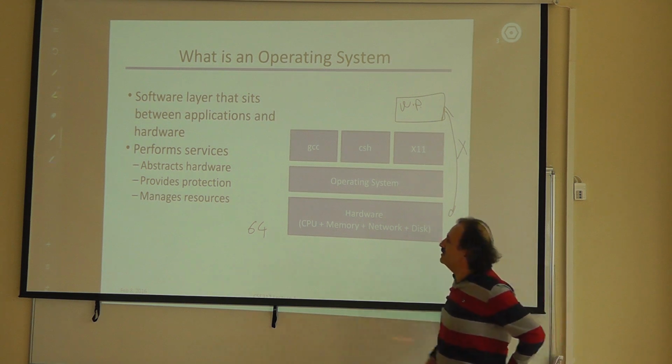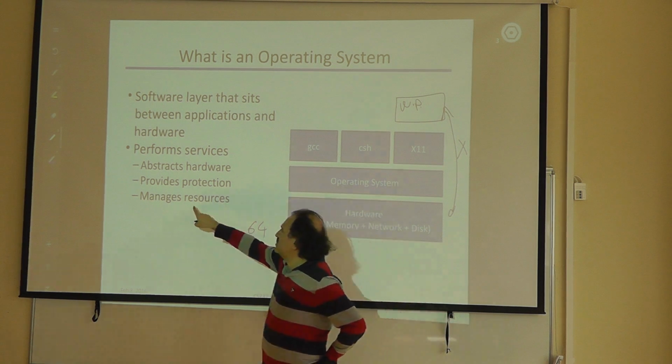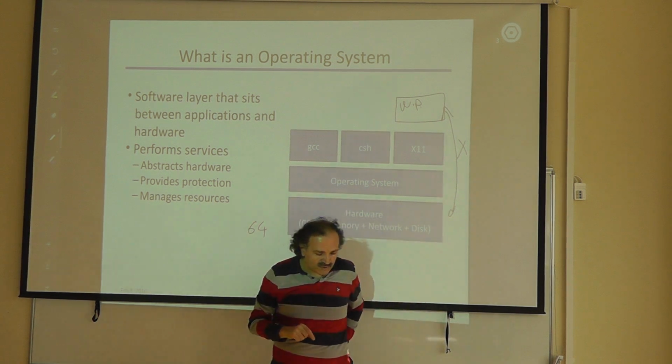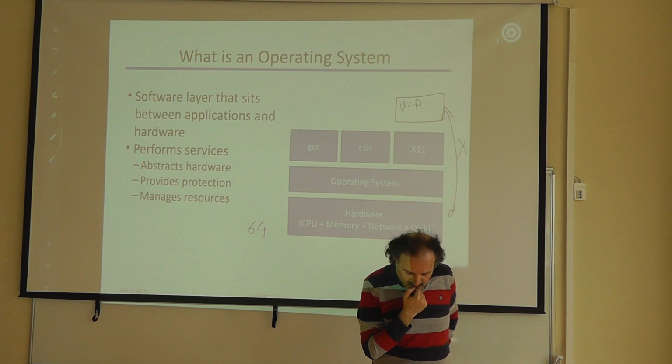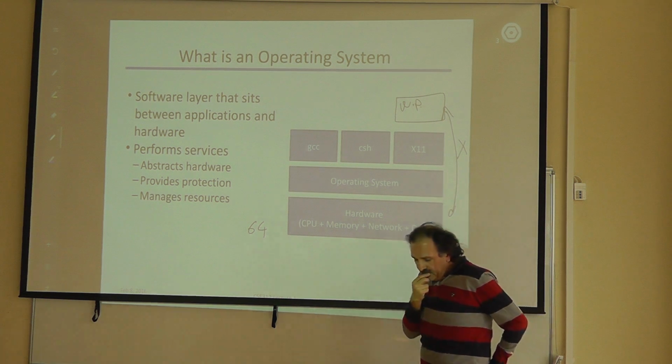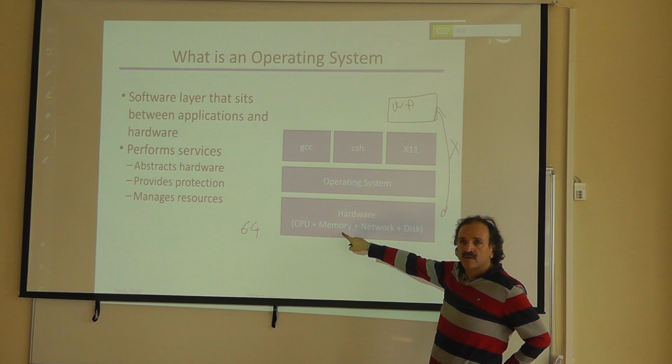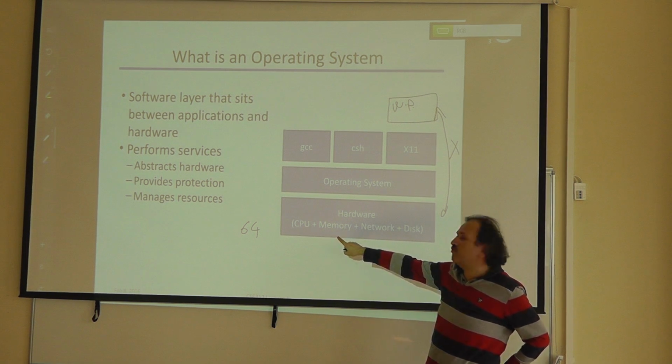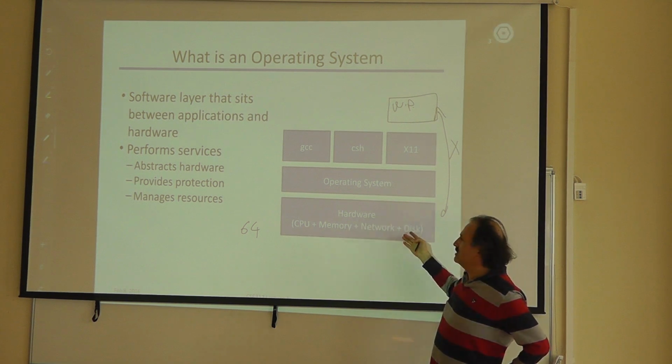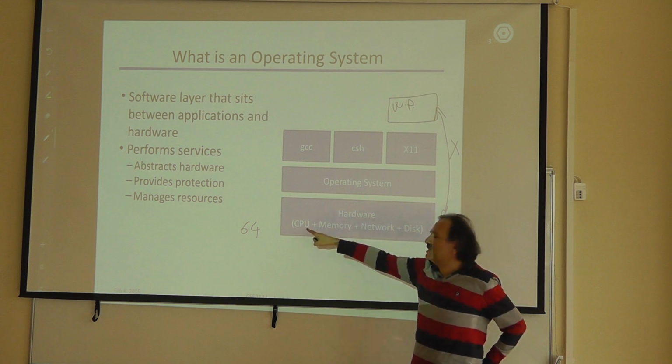Okay? And the other thing is that it manages resources. Resource management. What do I mean by resource management? It means that the hardware is your resource. Memory is a resource, because there is a finite amount of memory. CPU is a resource.